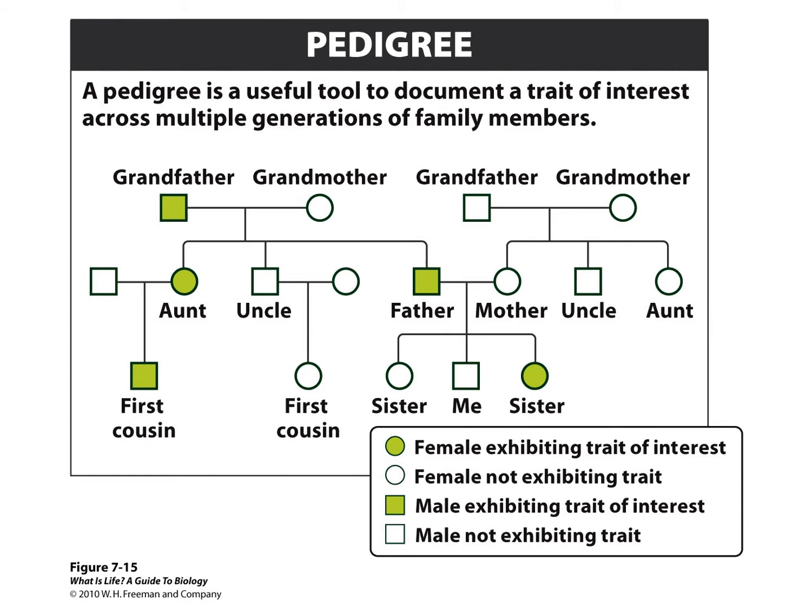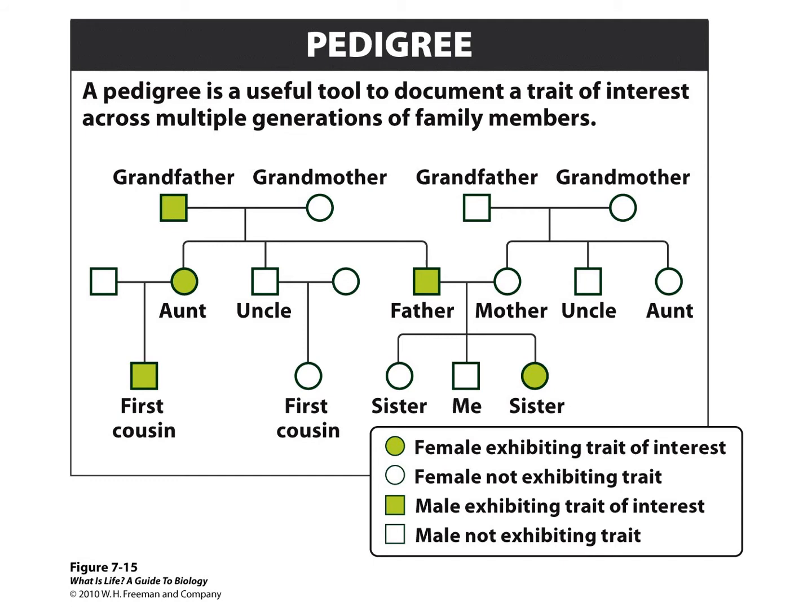And by mode of inheritance, I mean, is the trait autosomal? Is it found in chromosome 1 through 22? Or is it sex-linked? And is the gene involved dominant or recessive? What we see in this pedigree is a case where the trait shows up in each generation and it's affecting males and females.